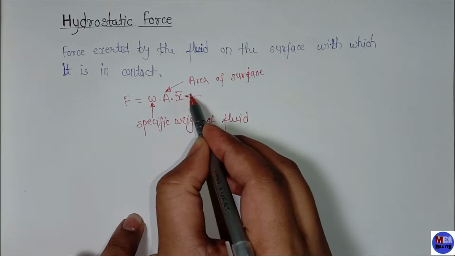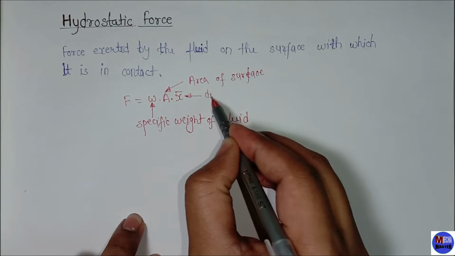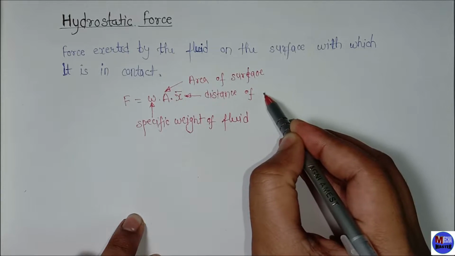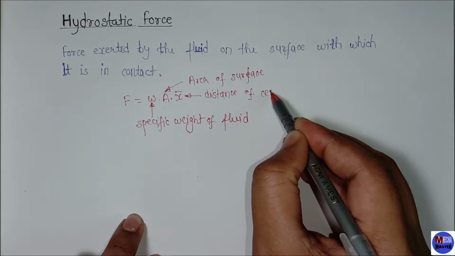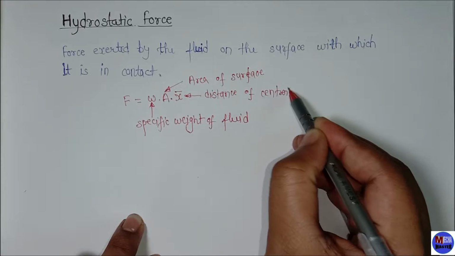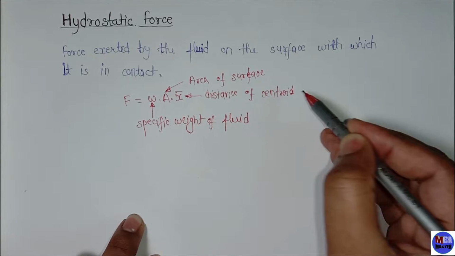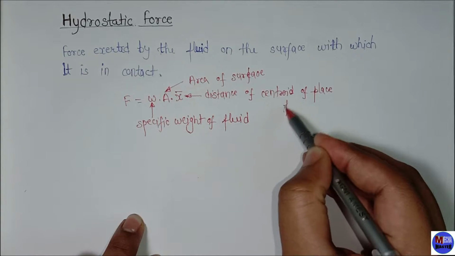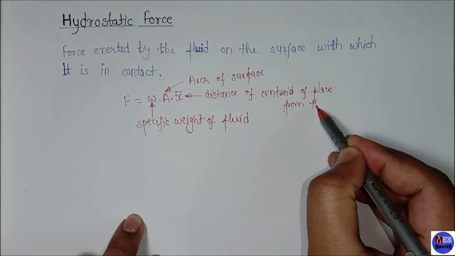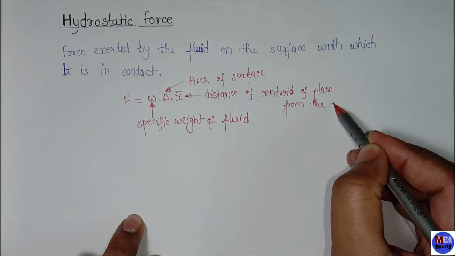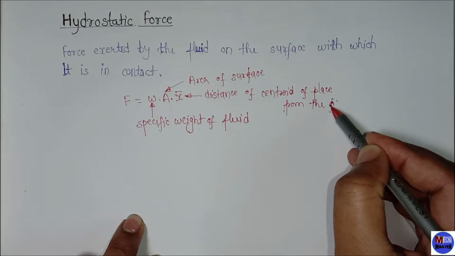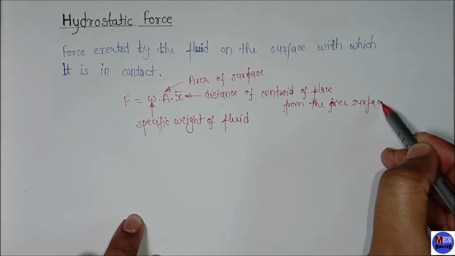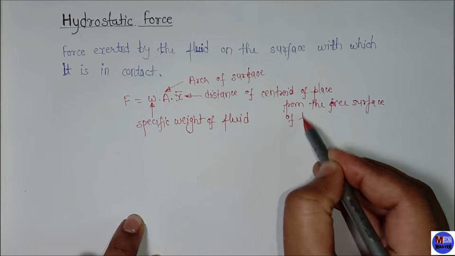And x bar is distance of centroid of plane from the free surface of fluid.